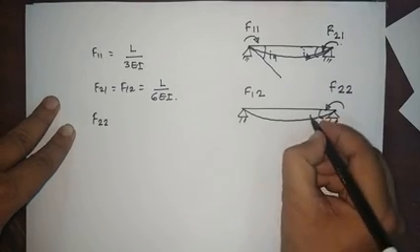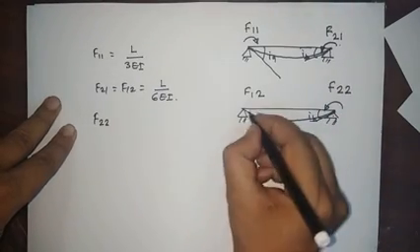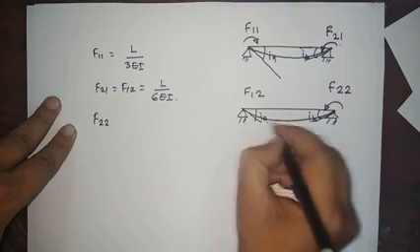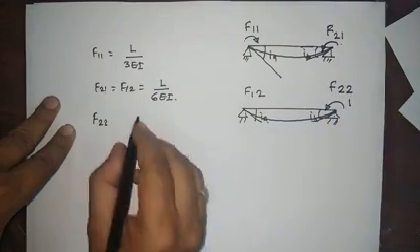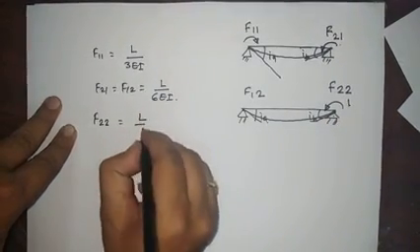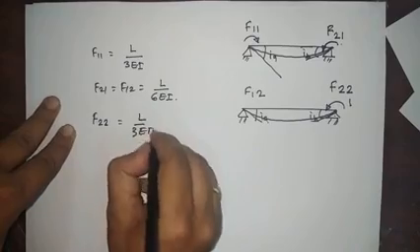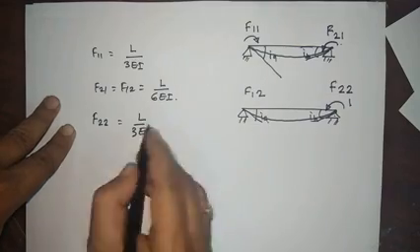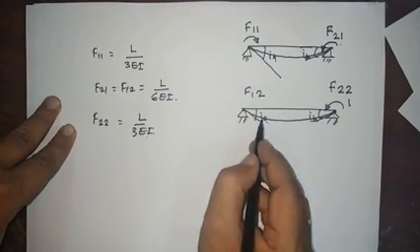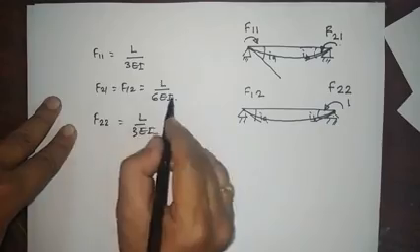This is now the slope at B here, and this is at A. This unit rotation develops the slope at 2, that is L by 3EI, and will develop the rotation at 1 that is L by 6EI.